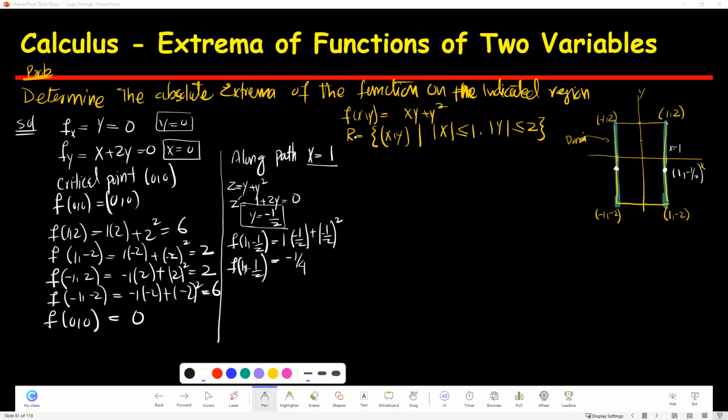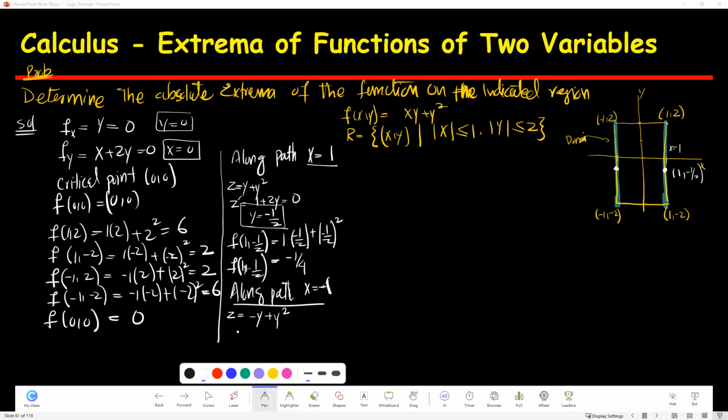Ready? I'm going to check along path x equals to minus 1. So I'm going to take my z function, and then substitute x equals to minus 1. The function is going to look like this, y plus y squared.